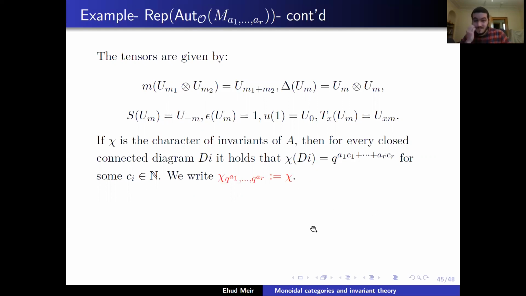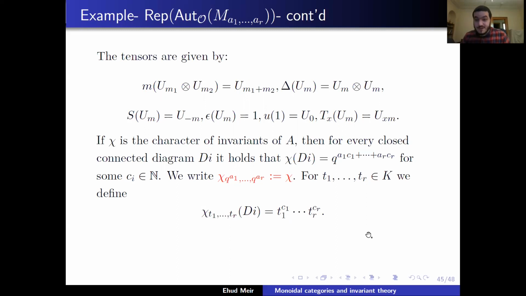Okay, so in other words, we can write Chi as a character that depends on Q to the A1 up to Q to the AR. And then for general T1 up to TR in K, we can define it exactly the same way, that Chi of T1 up to TR of D is equal to T1 to the C1 up to TR to the CR.